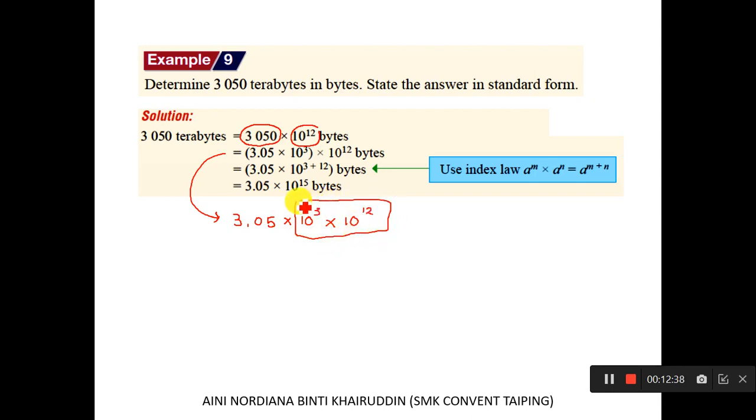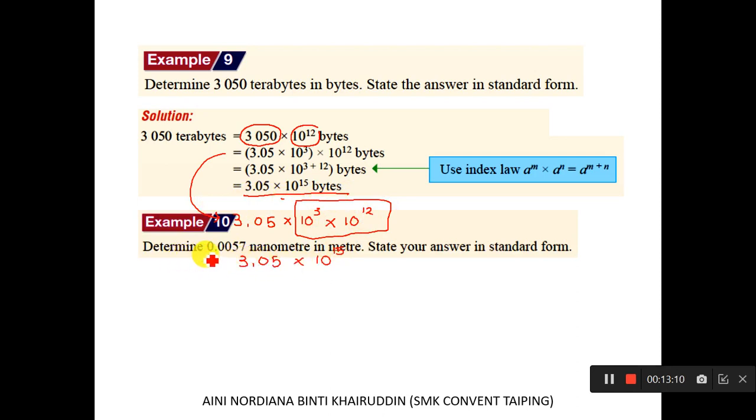You have learned this in your Form 1, chapter 1, indices. So, this is multiplication. The same base, so we can add the powers. So, the answer will be 3.05 times 10 to the power of 15.